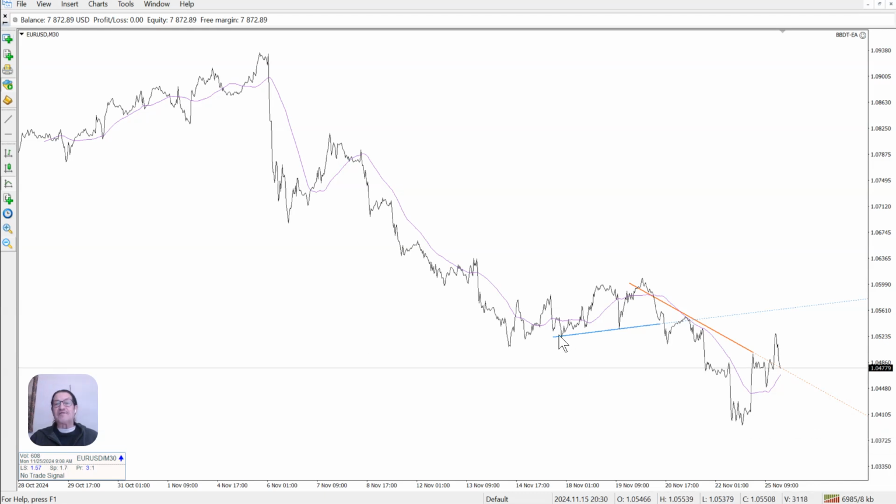Same with uptrend. Solid line is strong uptrend. Dotted lines, trend may be fizzling out. So how do you trade this? It's actually very simple. On a downtrend, we look for sell opportunities only. On an uptrend, we look for buy opportunities only.